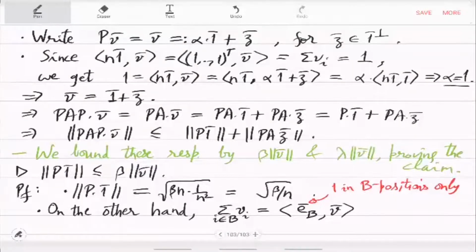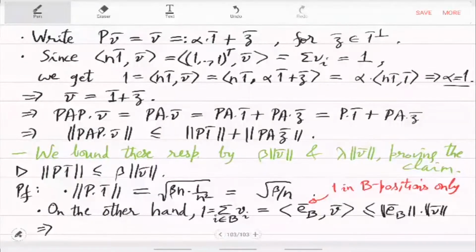Now the inner product is less than or equal to the product of the lengths. You also know that sigma Vi is 1, right?